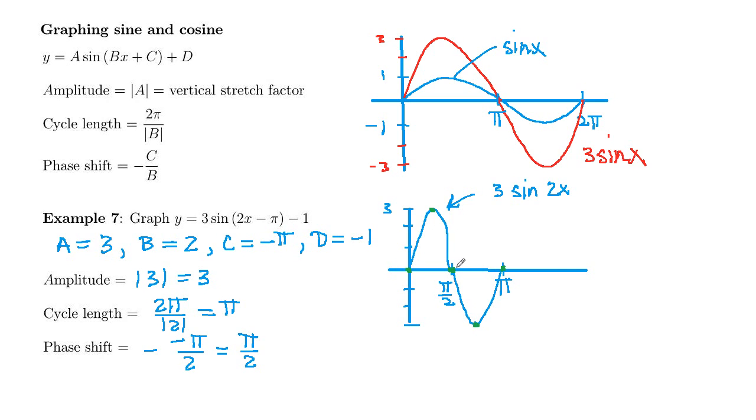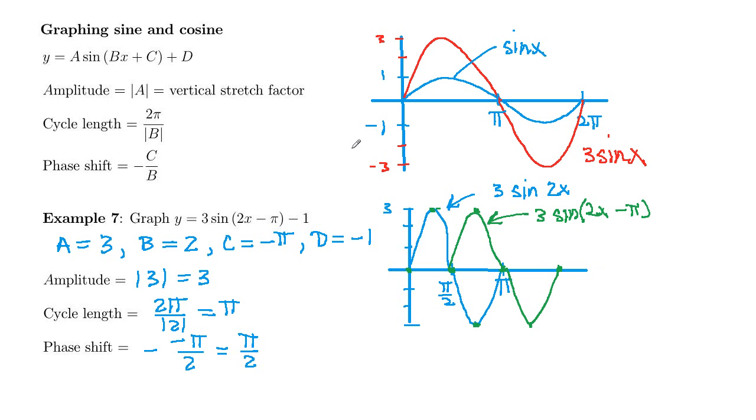So this one goes to here, that one to there, this point gets shifted to here, this point to here, and then this one to right here. So it's now going to look like this. And that is going to be your 3 sine 2x minus pi.